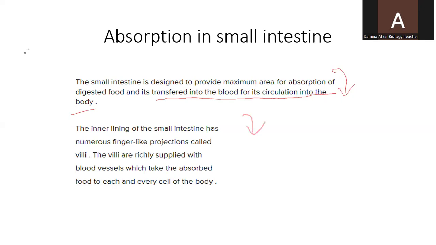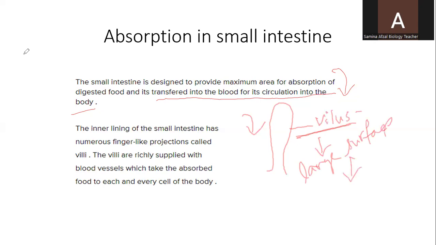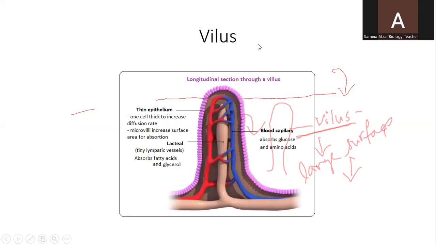The small intestine has many small finger-like projections which are called villi, and a single one is called a villus. The villus is helpful in the absorption of nutrients because it has a large surface area, and due to the large surface area, more absorption of these nutrients takes place. In the villus, lacteal cells are also there, and blood capillaries are also there.